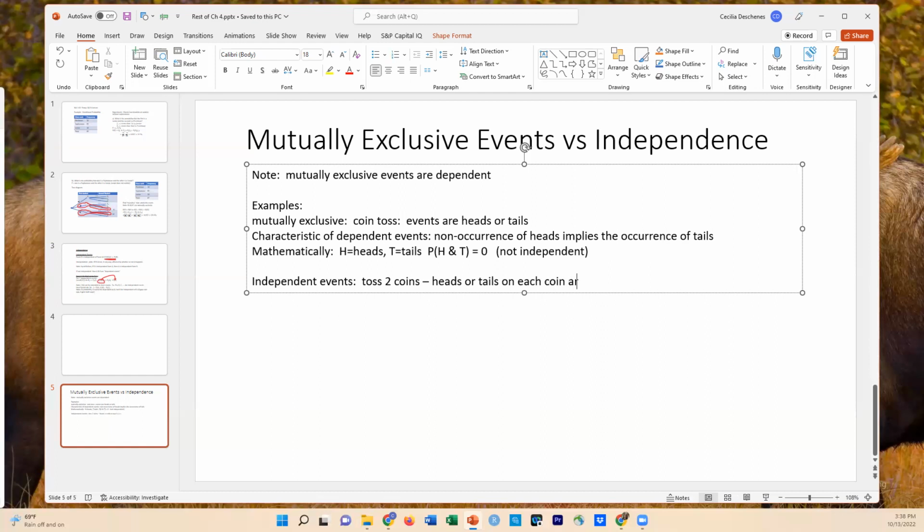Each coin is an independent event, because if you toss a head on the first coin, it doesn't matter what you get on the second coin.